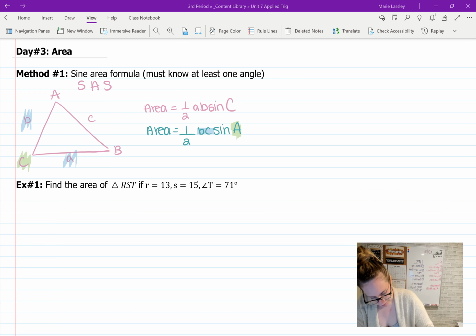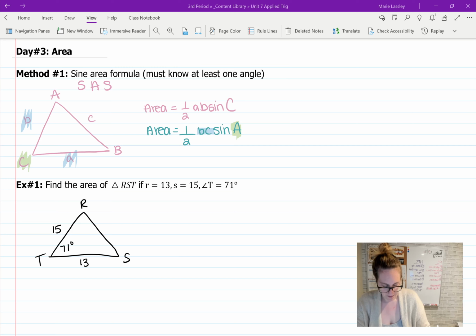We have R, S, and T. Side R is 13, side S is 15, and angle T is 71. This one gave you all the information you needed. I was hoping it was going to be a hard one, but it wasn't. I thought it was a hard one when I looked at it. That's okay. We can go over a hard one when we go over your homework.